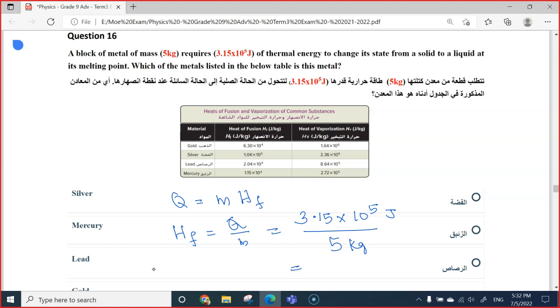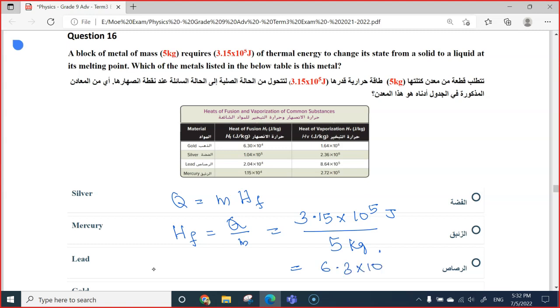So we will get, students, you can also calculate and check your answer. 3.15 times 10 to the power 5 divided by 5. So I am getting 6.3 times 10 to the power 4 is the heat of fusion.